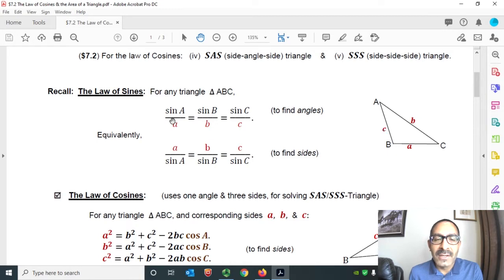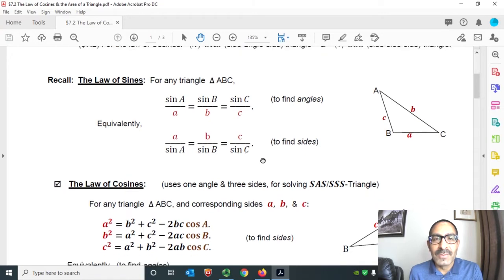Then in sine laws, we have these ratios are equal. Sine A over side a equals sine B over side b equals sine C over side c, or equivalently, side a over sine A equals side b over sine B equals side c over sine C.